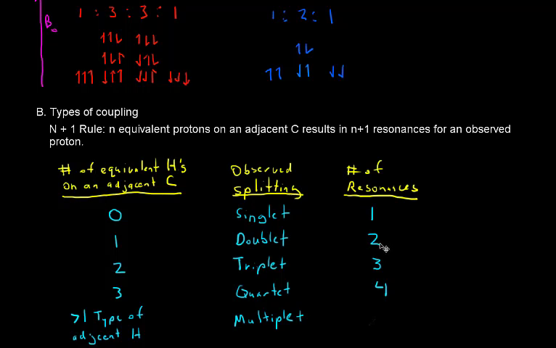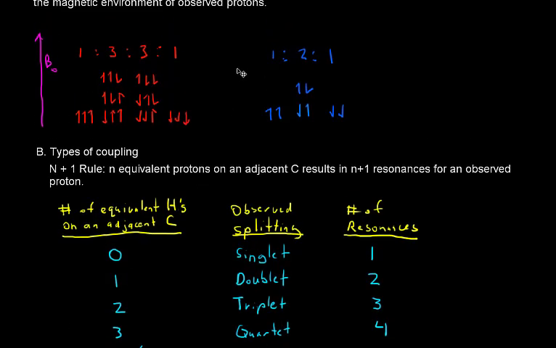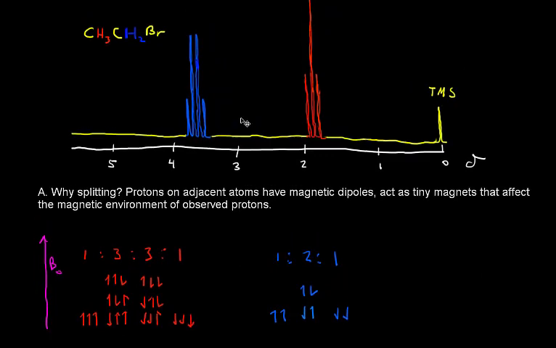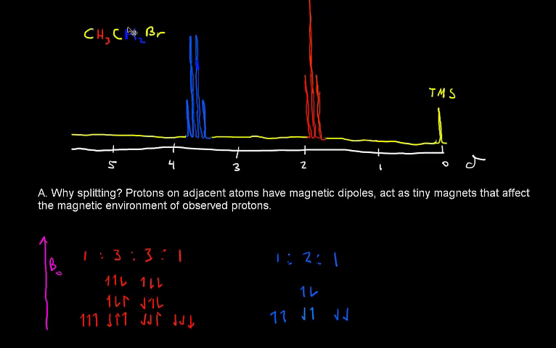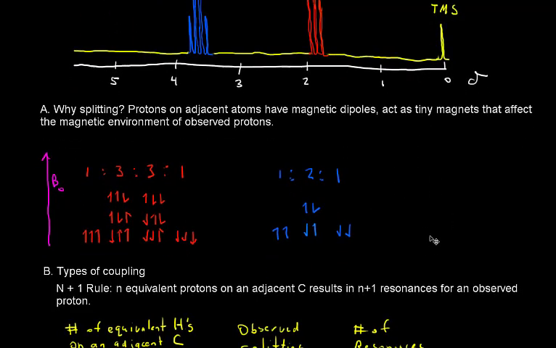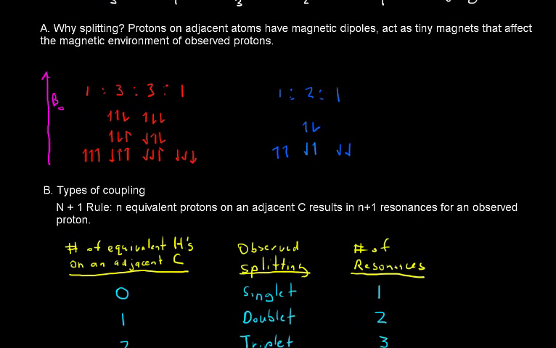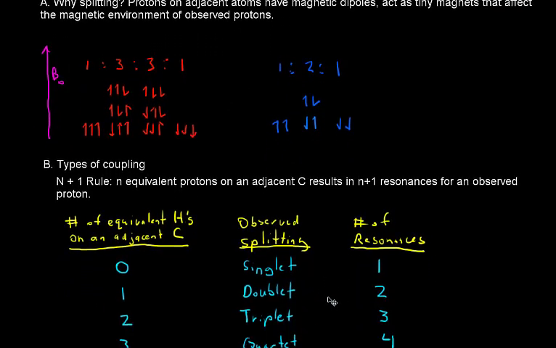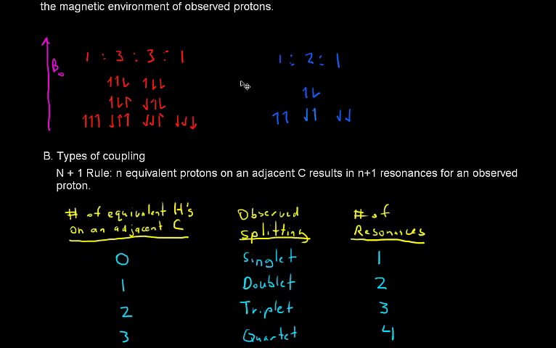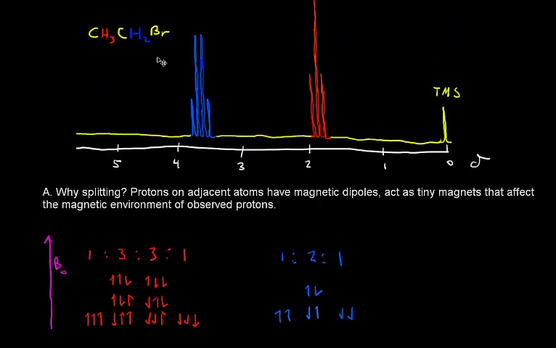We'll see an example of that in just a moment in an actual spectrum. And I'll just go through these. Two protons on an adjacent carbon, which is what we saw up here. Okay, 2 protons on this adjacent carbon splits these protons into a triplet. That's 3 resonances. And then, to round out our table, 3 protons on an adjacent carbon gives us a quartet, which is 4 resonances, which is the other case that we saw here.